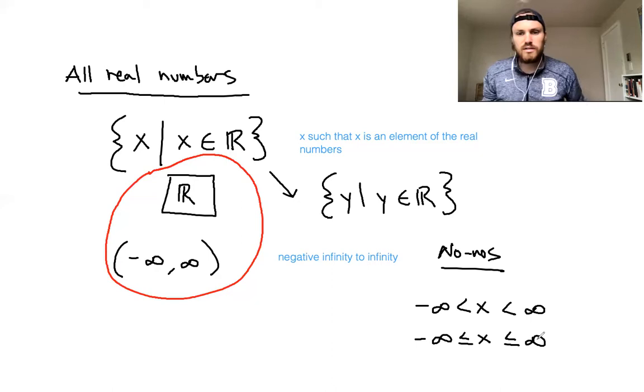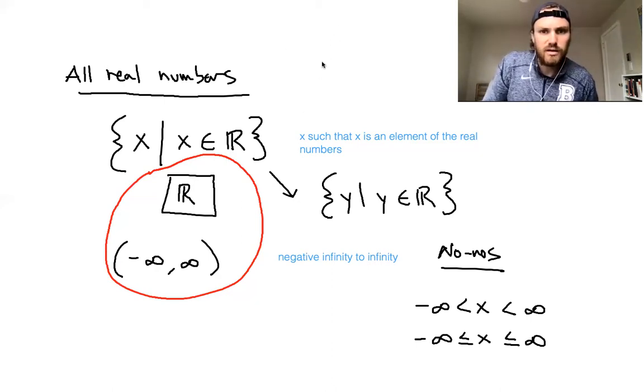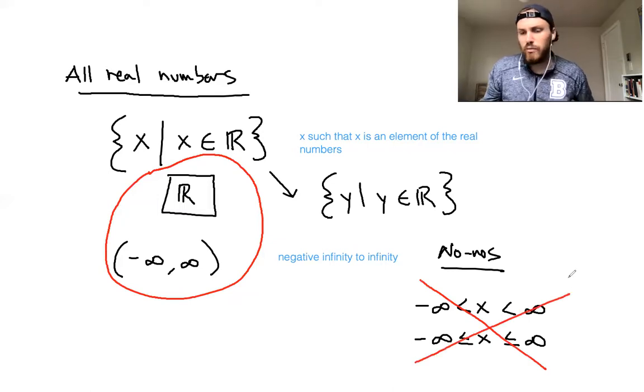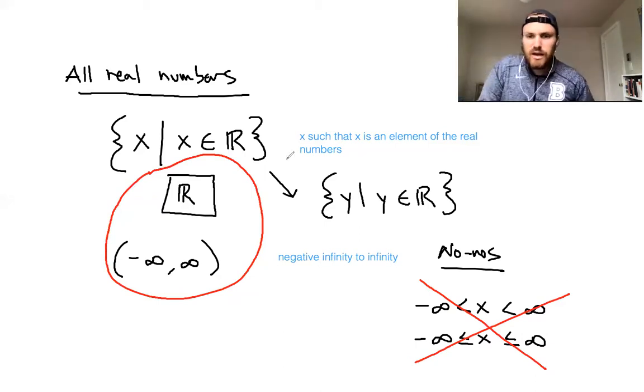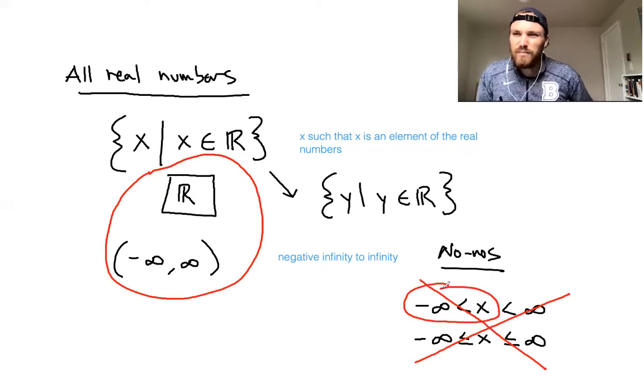Basically we just do not use inequalities with infinity, because to say that x is less than infinity is kind of silly because everything is less than infinity. And to say that negative infinity is less than x is kind of silly because negative infinity by definition is less than every number. So it's kind of redundant to say this, and so we just don't want to.